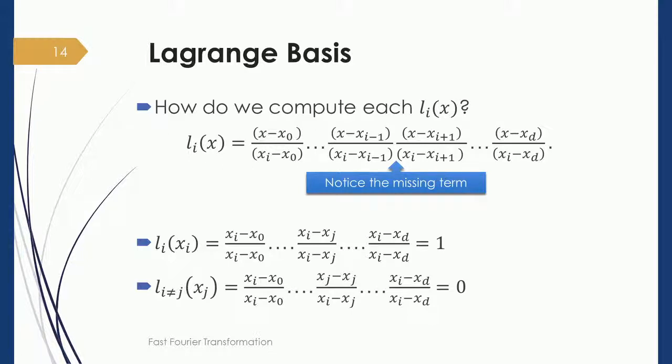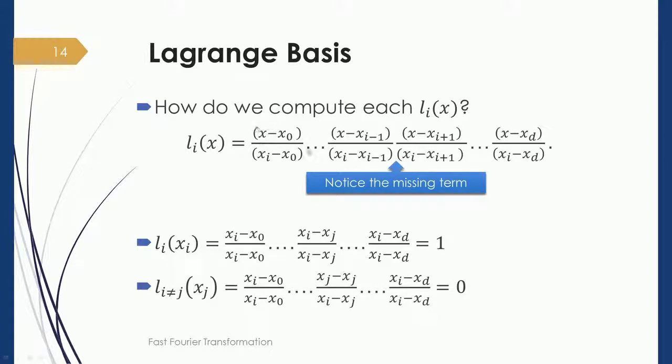But what is the benefit of this missing term? Let us recall that the ith Lagrange basis function must evaluate to 0 whenever x equals x sub 0, x sub 1 and so on, other than x sub i. But when x is equal to x sub i, it must evaluate to a 1. So, let us see how that requirement is satisfied. Let us assume x equal to x sub 0. The first multiplicative term will have x sub 0 minus x sub 0 in the numerator.